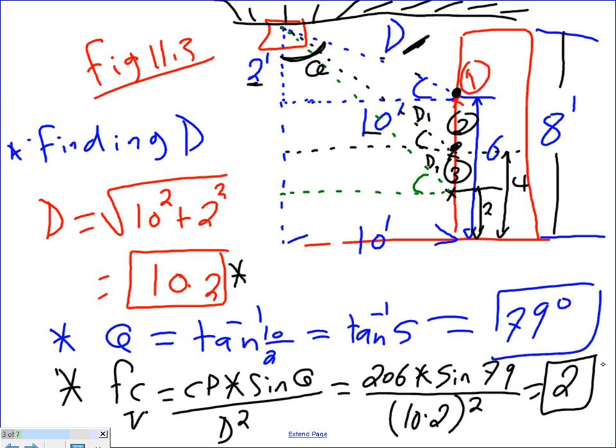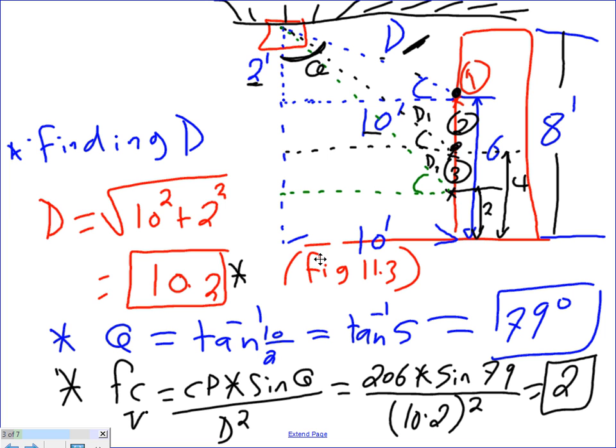Foot candle calculation. Just for the heck of it, the figure is 11.3. I want to erase this one and, in this little corner, find D for point 2.